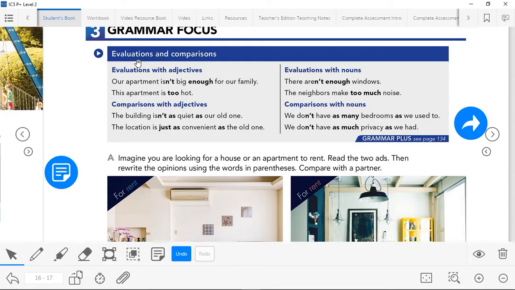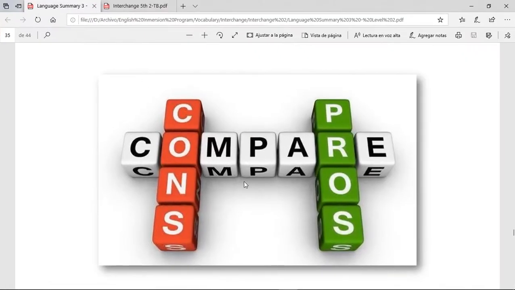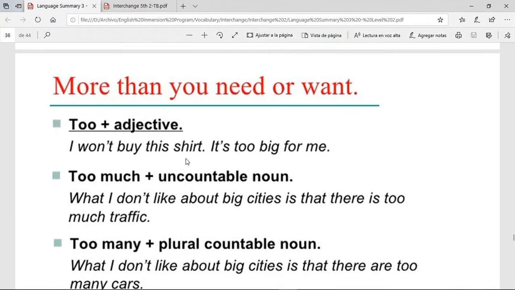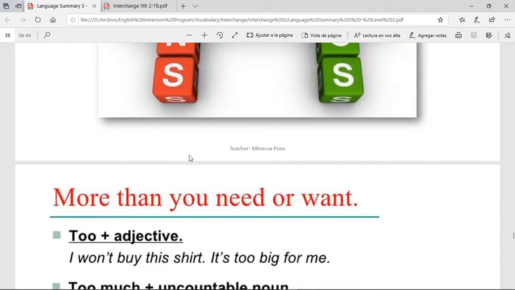It's like taking two things and seeing what the differences or the similarities are, okay? But these are just some examples, so we need to see the actual grammar of how it is made. Okay, so let's start.